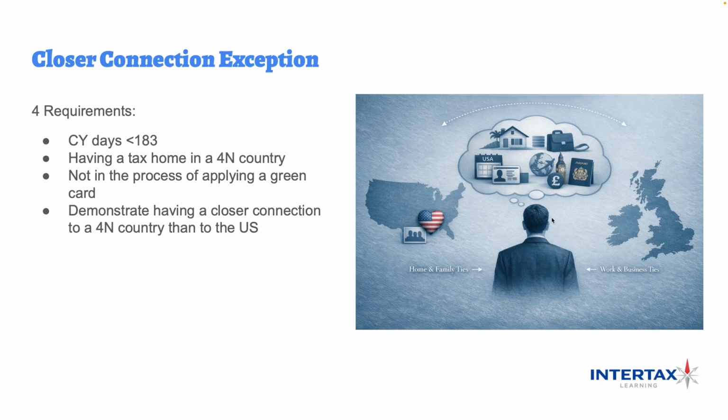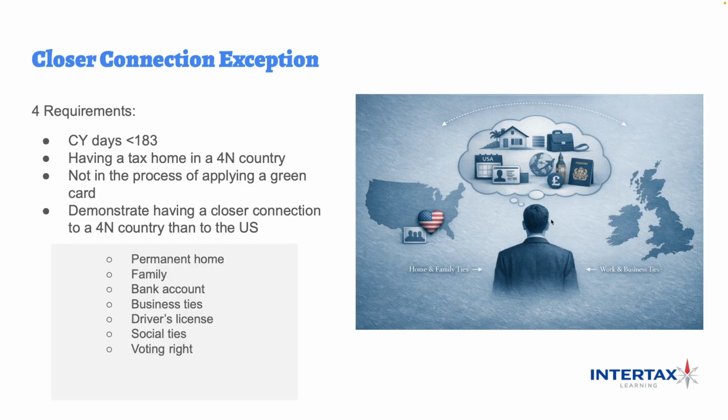This may be your home country. Third, you're not in the process of applying for a green card. Fourth, you can show a closer connection to a foreign country than to the US that may be demonstrated by having many of the connections such as a permanent home, a family, a bank account, a job or business tie, a driver's license, social ties, or your voting rights.